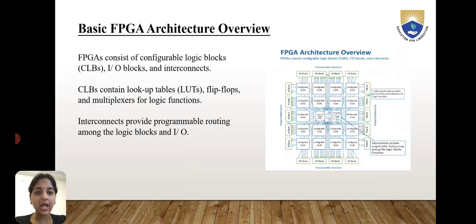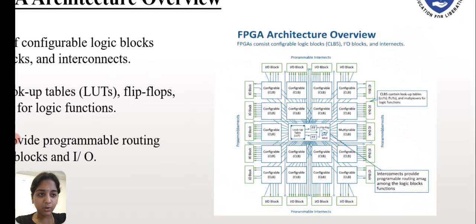Basic FPGA architecture overview. FPGAs consist of configurable logic blocks, CLBs, input output blocks, and interconnects. CLBs contain lookup tables, meaning LUTs, flip flops, and multiplexers for logic functions. Interconnects provide programmable routing among the logic blocks and input output IO blocks.